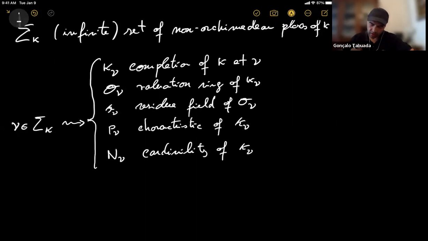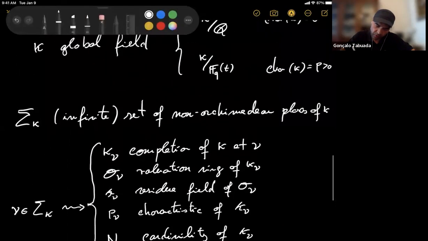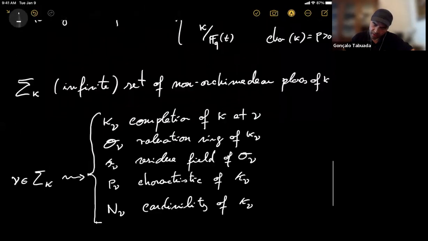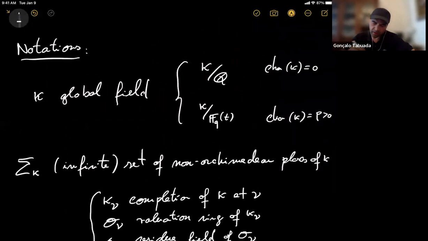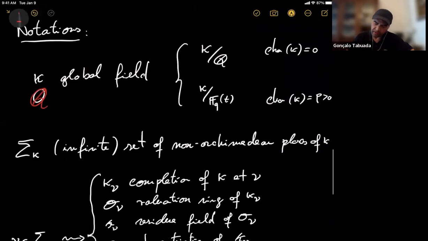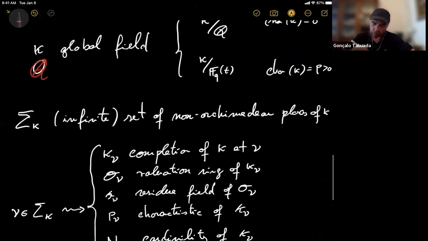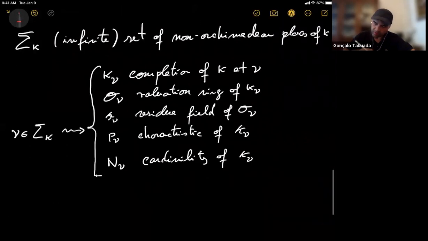So maybe, well, this is pretty abstract. Let me make a very concrete example. If we are in the particular case where our global field is the rationals, then this infinite set of non-Archimedean places is in bijection with the prime numbers. So a non-Archimedean place is a prime number.